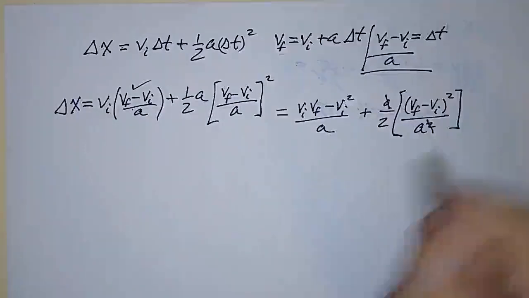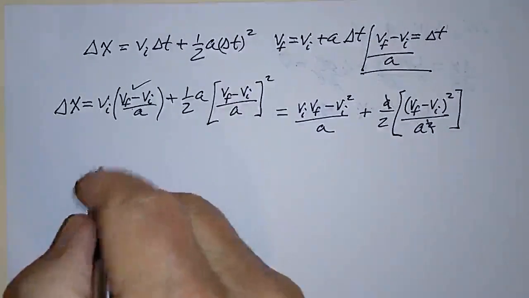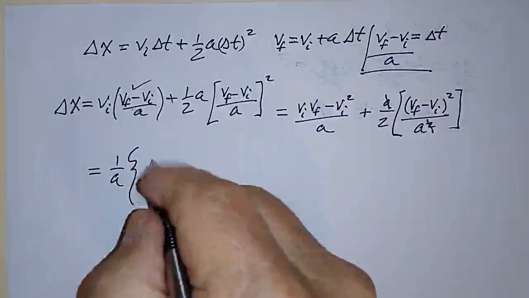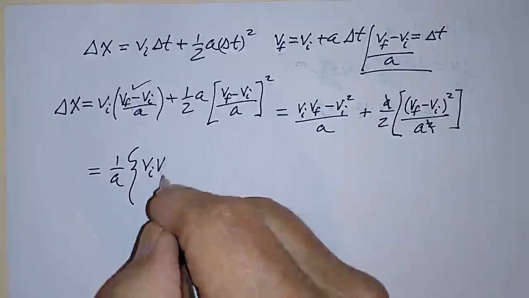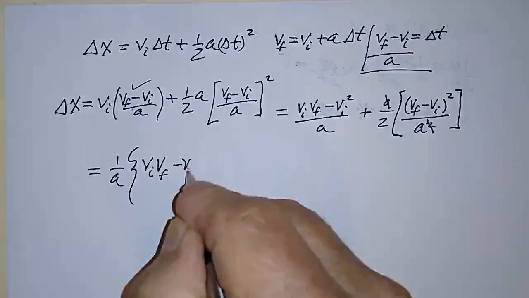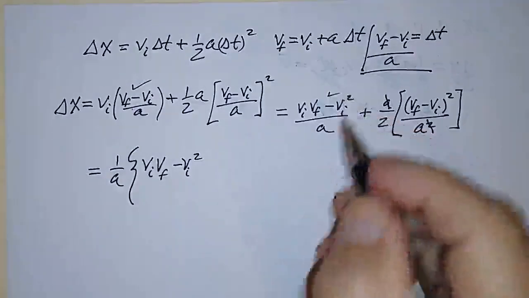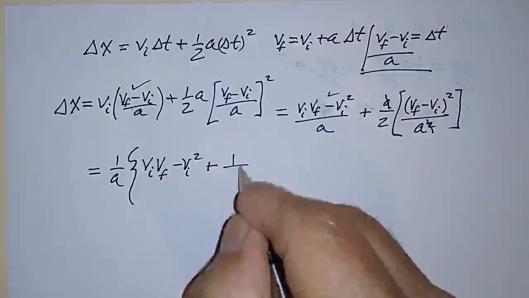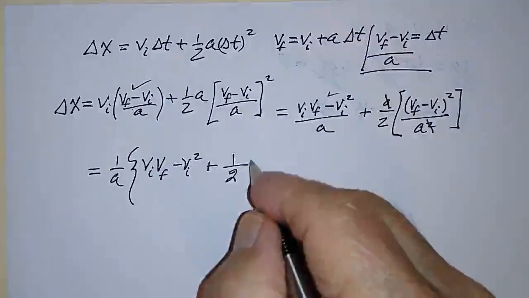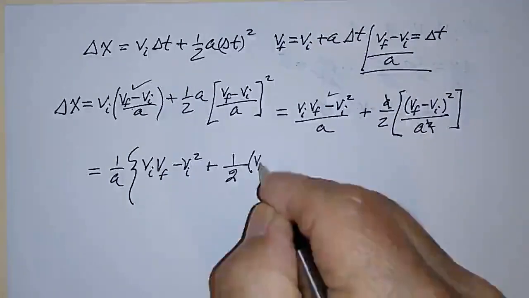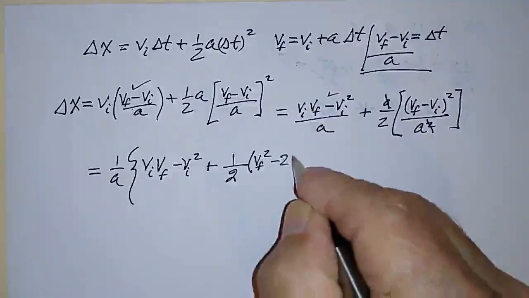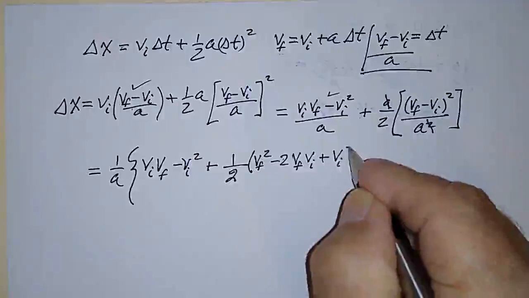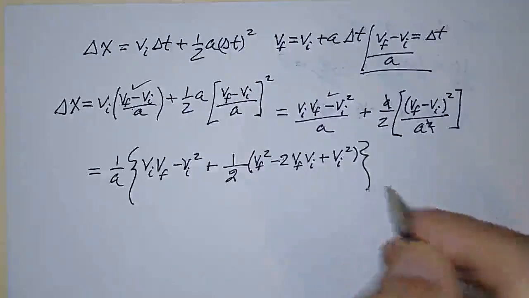This a takes out one of these a's, and I can write this as 1 over a times v initial times v final minus v initial squared from this term, plus 1 over 2 times v final squared minus 2 v final v initial plus v initial squared, like that.